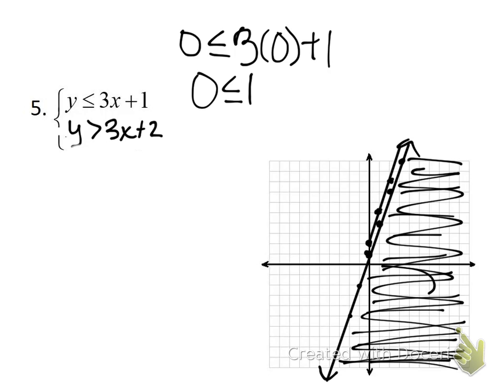I'm not going to be able to get a great line in here. Is this line going to be solid or dashed? This one would be dashed. So I dash in a line here.